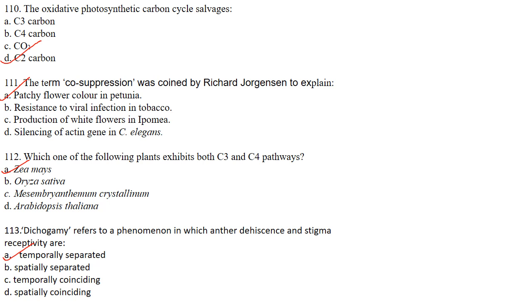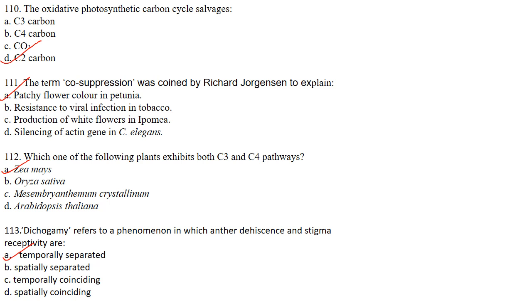Most of the papers, 2 or 3 papers I have seen co-suppression being asked. Similarly, regarding BT toxins and BT cotton also, they have asked questions from the BT cotton aspect.